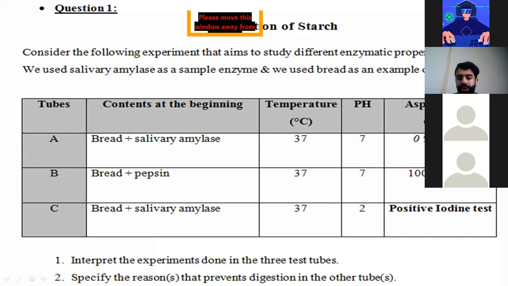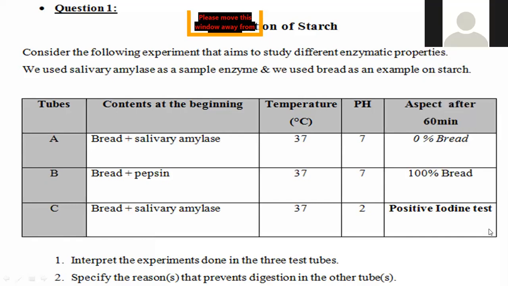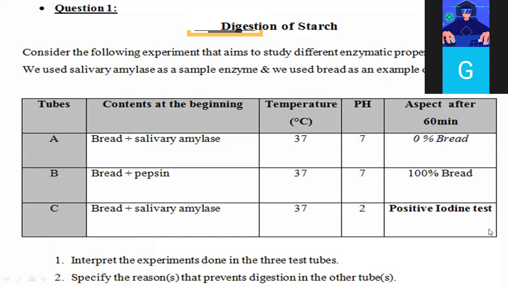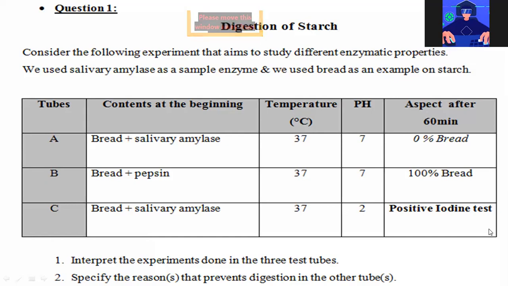Let's move now to new volunteers. Gabriel Hosseini, tube C. Interpret. In tube C, after adding salivary amylase to bread with a temperature of 37 degrees and a pH of 2, there was a positive iodine test.